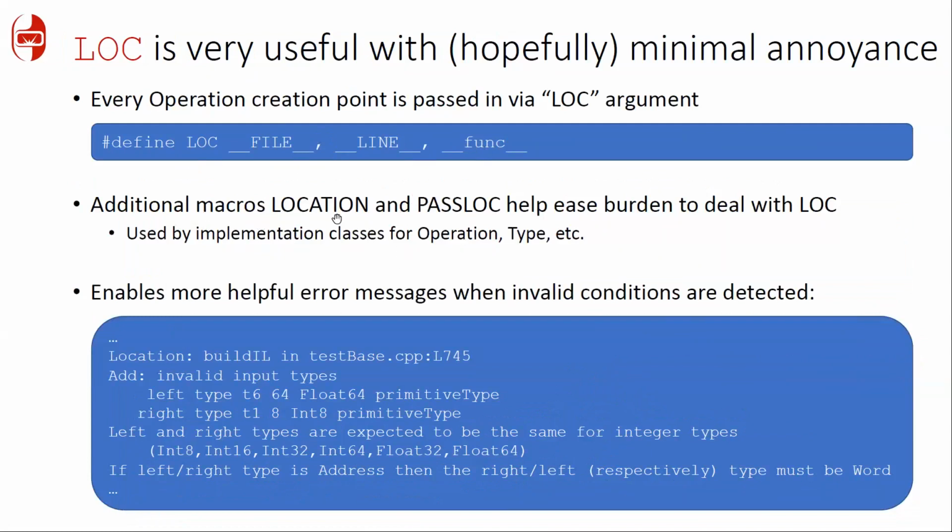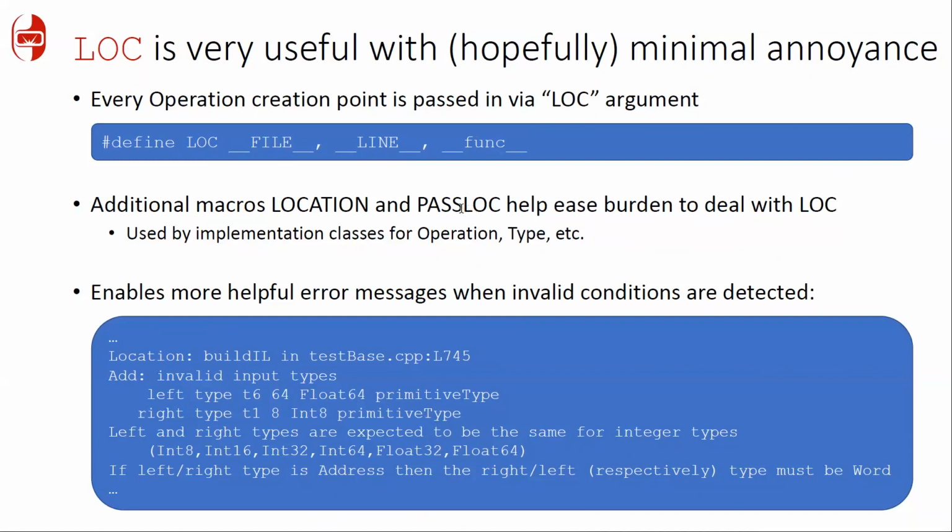There are also some additional macros for that, so this is what you put when you're calling something. This is what you use when you're defining a function. So it expands out into 3 parameters that have the right types for receiving these values. And then pass loc is a way of passing the location that got passed in for a function to another function.